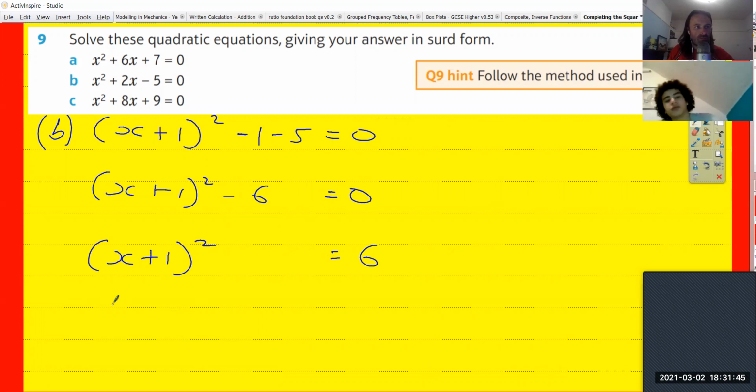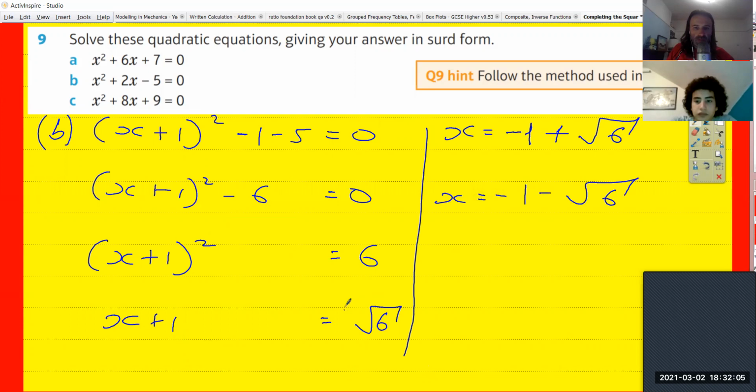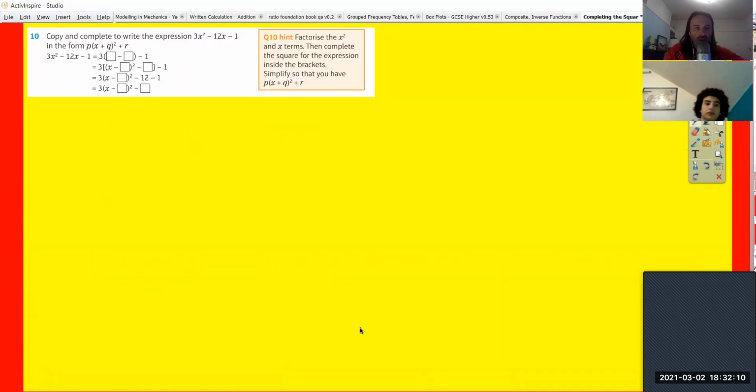X plus 1 equals root 6. X equals minus 1 plus root 6. X equals minus 1 minus root 6. Great. Got it.